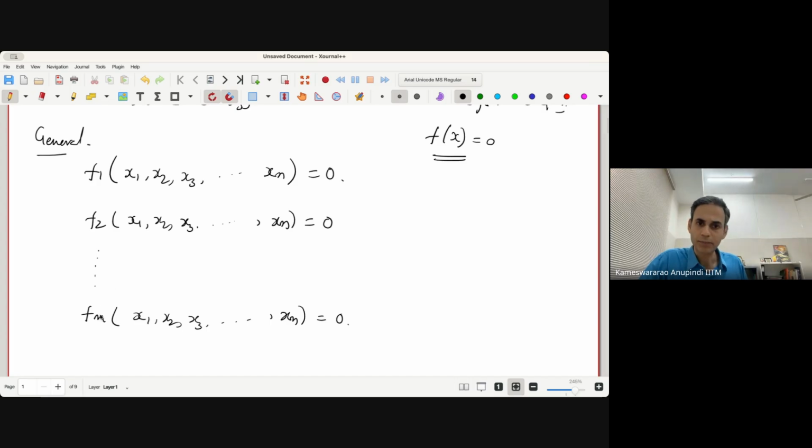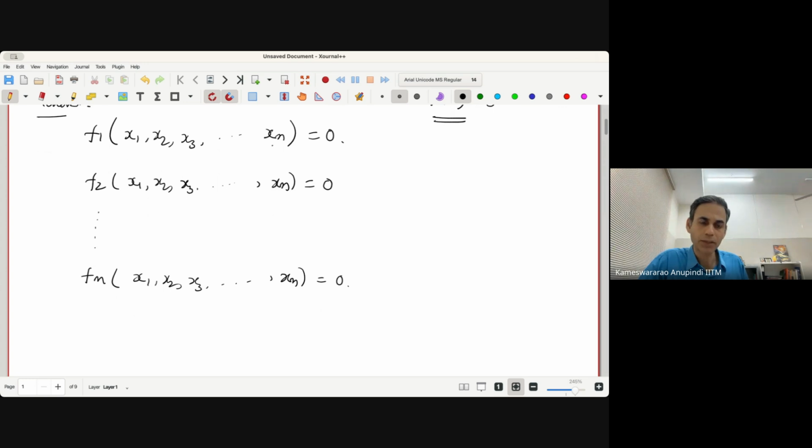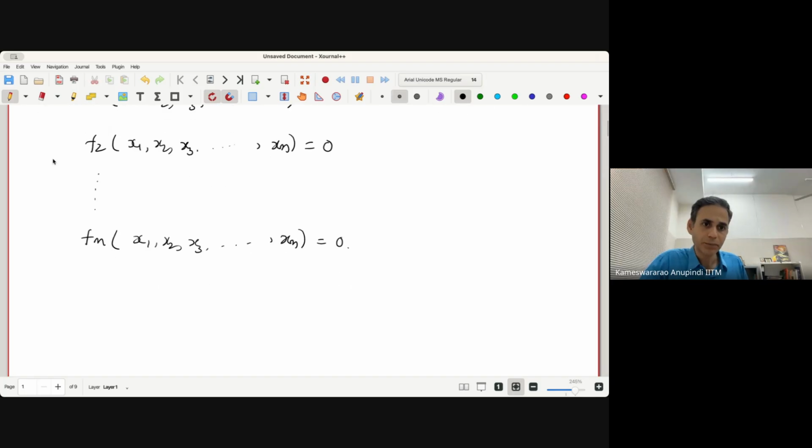So we want to find the values of x1, x2, x3, up to xn, such that they satisfy all these nonlinear functions at once, at the same time. That is the problem statement. If I represent all these values as x bar equal to x1, x2, x3 all the way to xn, transpose, this is basically a column vector.